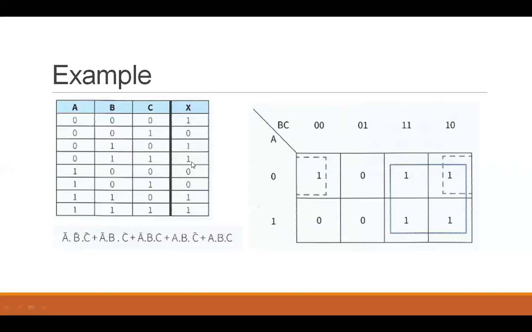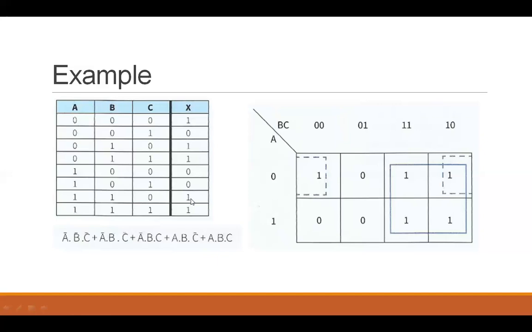Then for this third one, which is coming from 0, 1, 1, means A inverse, B, C. So I have to find A inverse, which is this upper row, and BC, which is the second last from the right. So A inverse BC, 0, 1, 1. The box has been found and we have placed a 1 in it.